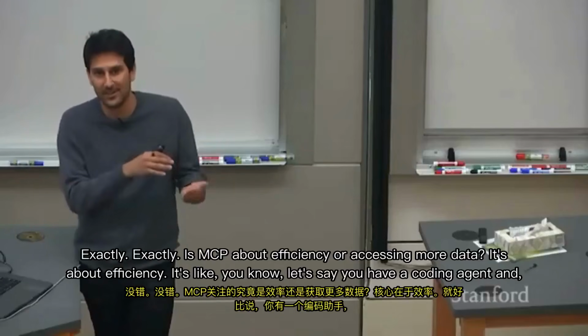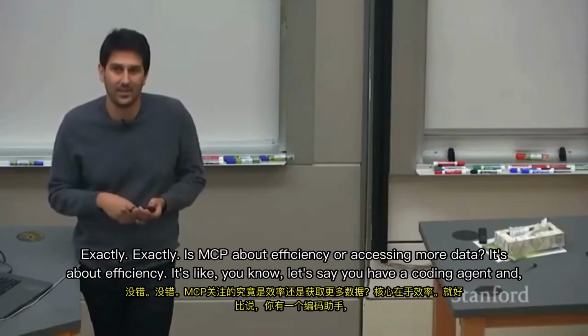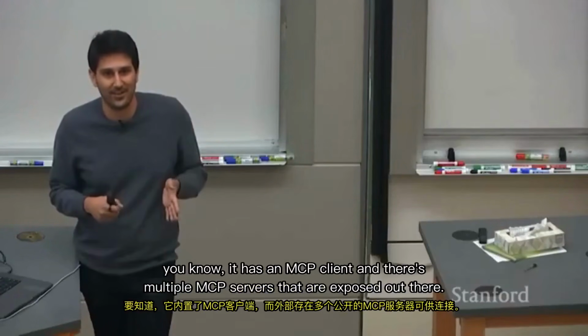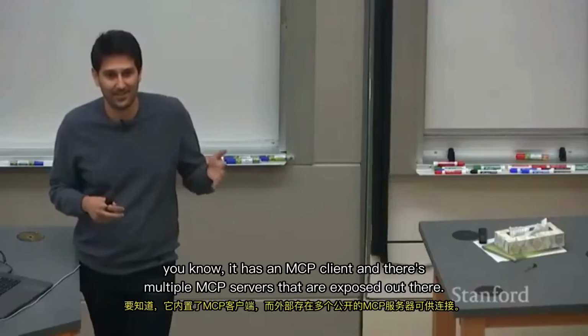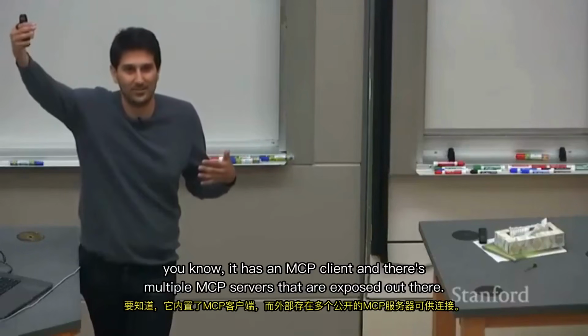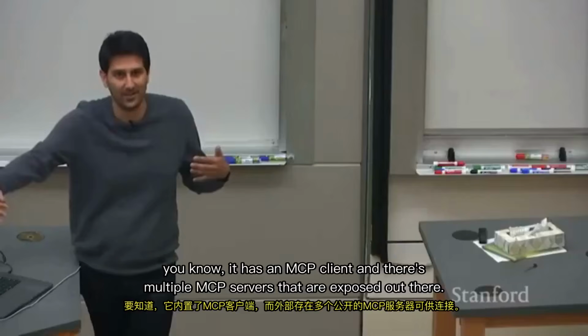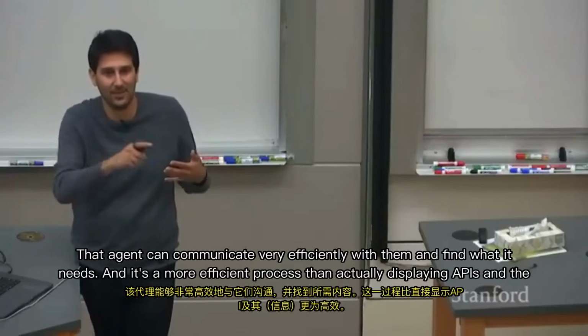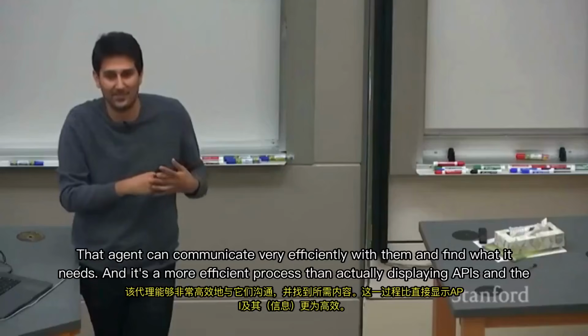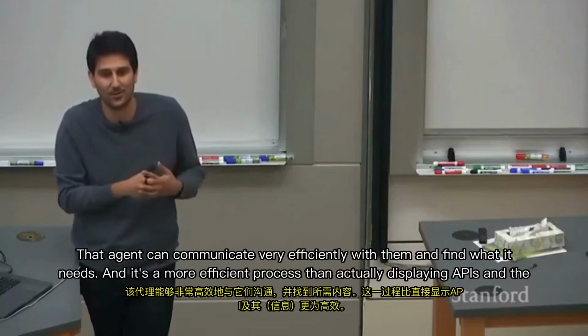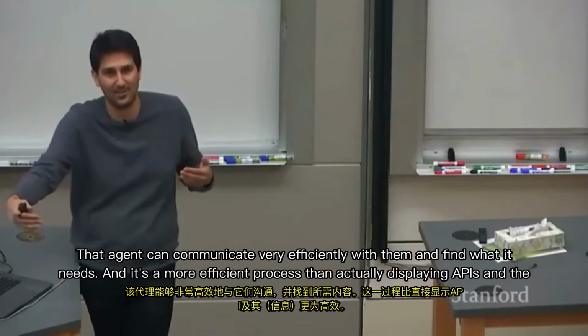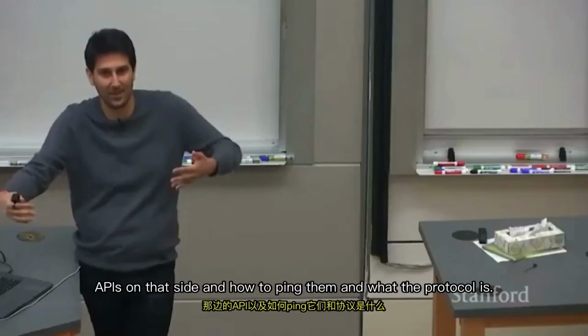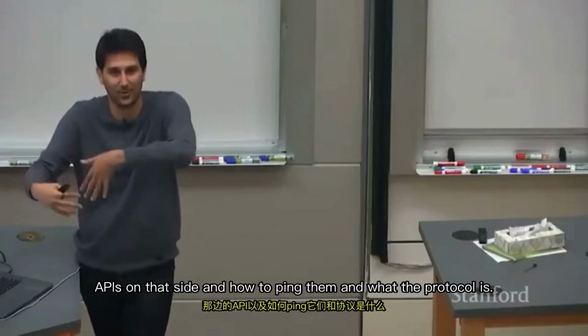It's about efficiency. Let's say you have a coding agent with an MCP client, and there are multiple MCP servers exposed out there. That agent can communicate very efficiently with them and find what it needs. It's a more efficient process than exposing APIs and figuring out how to ping them and what the protocol is.